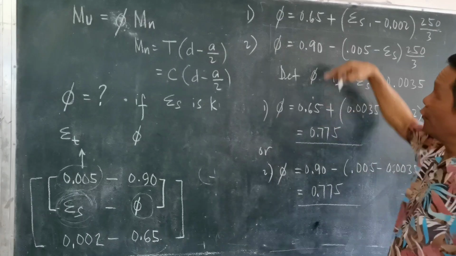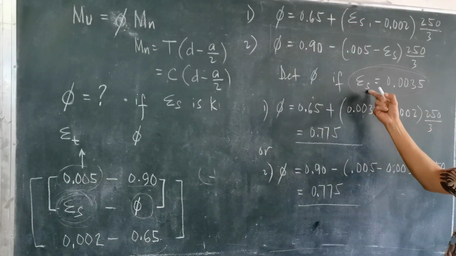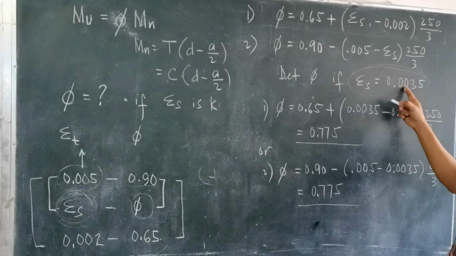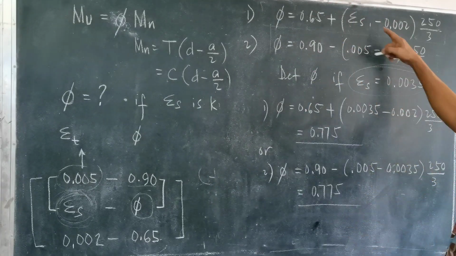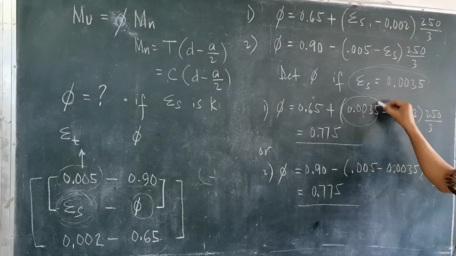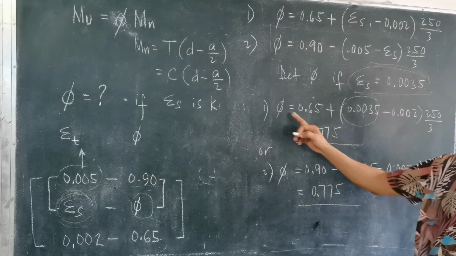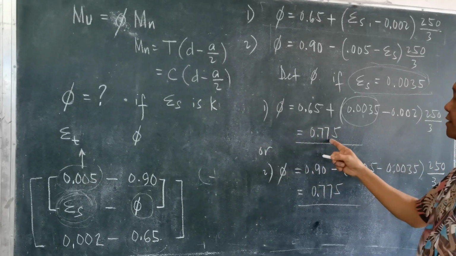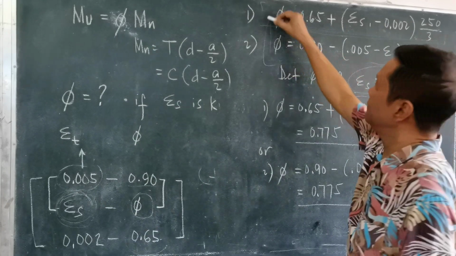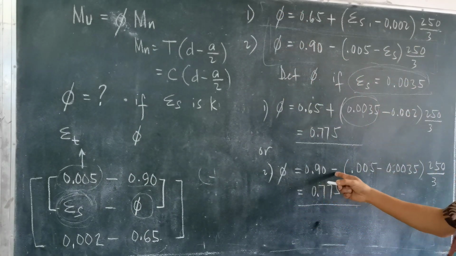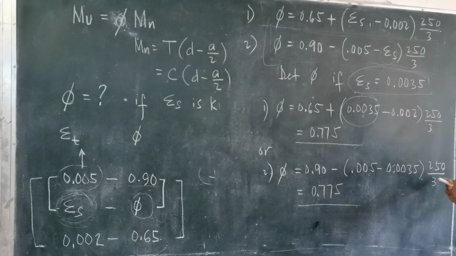So we will now use these two formulas if in the investigation problem the actual steel strain is found to be 0.0035. So in the first formula, we will substitute the actual strain here to be 0.0035, this one. And if you solve the phi, you'll get 0.775. Using the other derived formula, phi is 0.9 minus 0.005 minus the actual steel strain times 250 over 3.